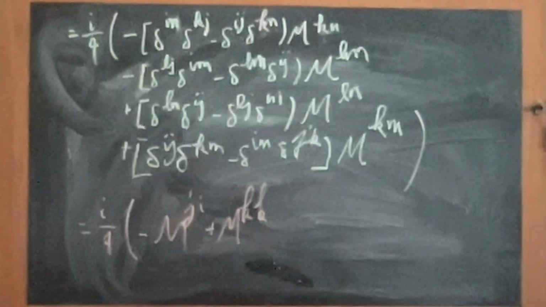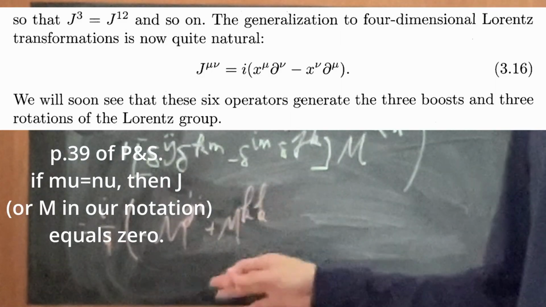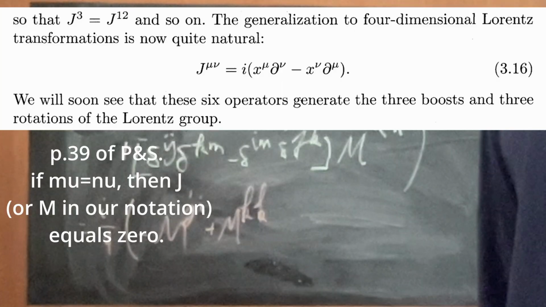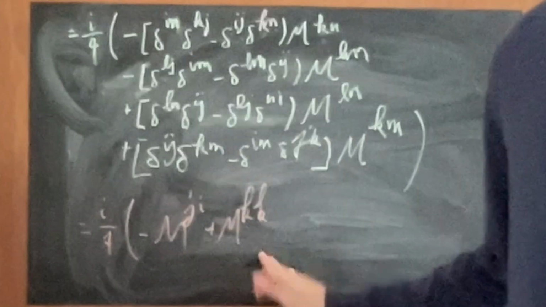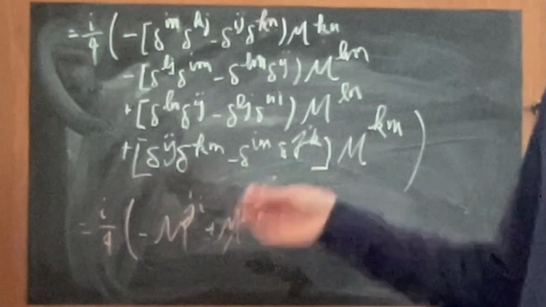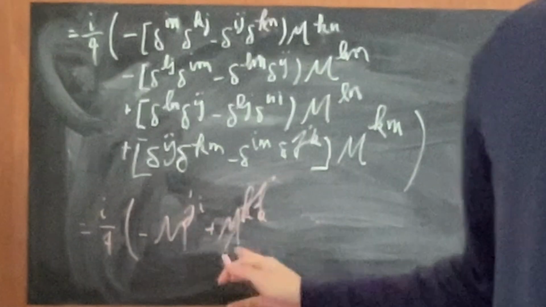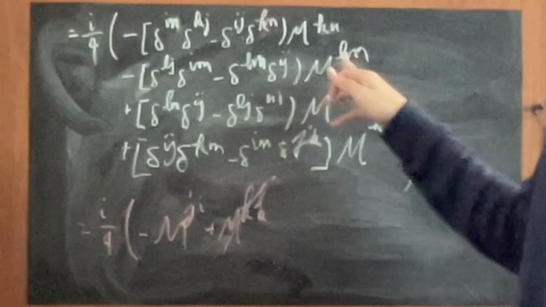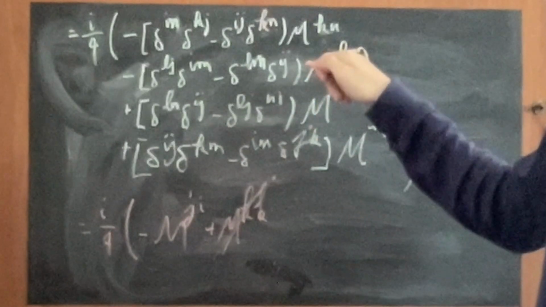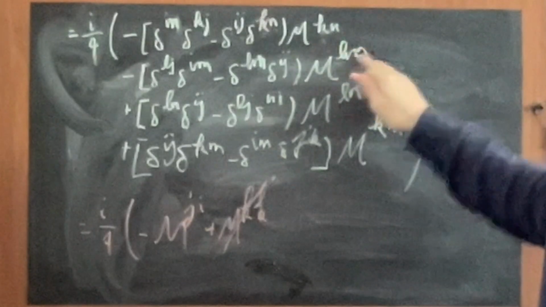If you know the representation of the Lorentz group, if the indices are the same, because it's just the commutator of a bunch of derivatives, then this should vanish. So all the M's with the same indices should all vanish. In this case, a term like here lm and here lm will turn into an ll or an mm.